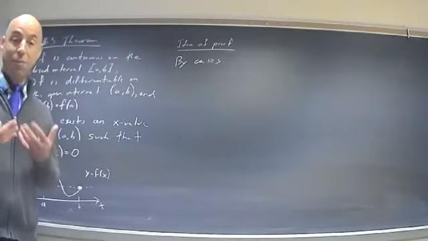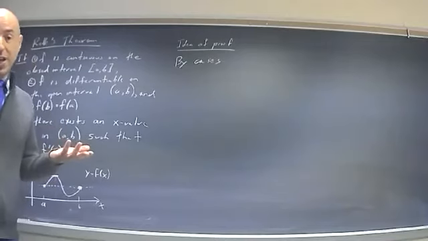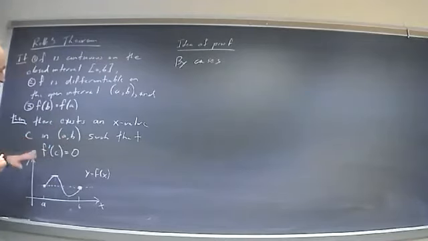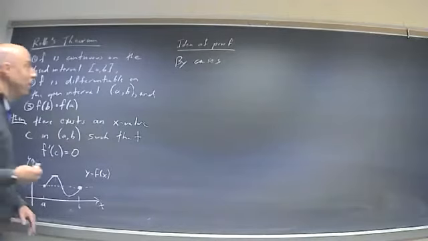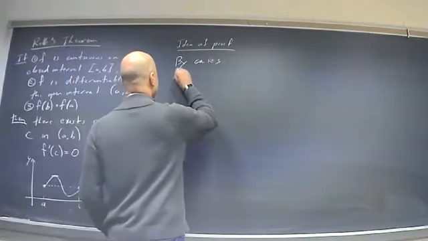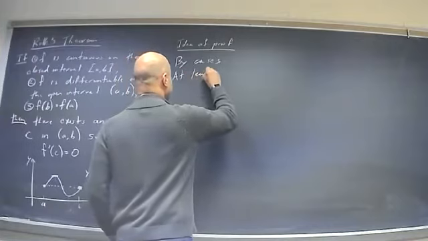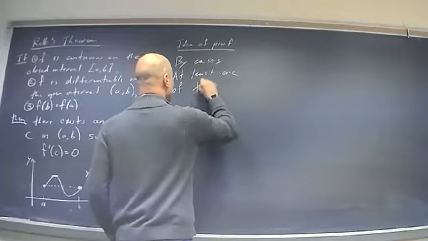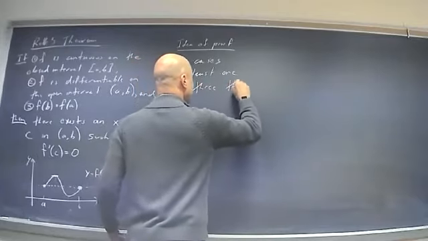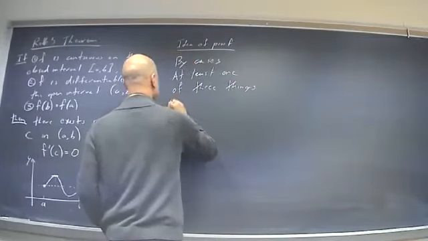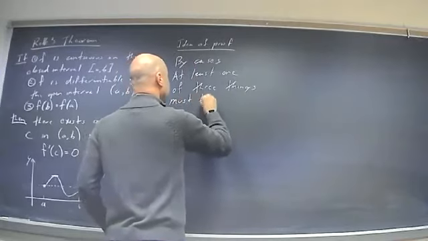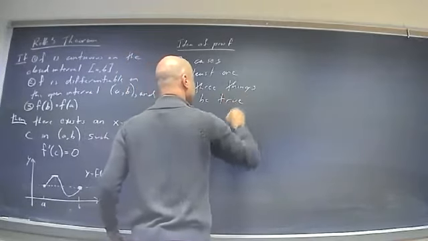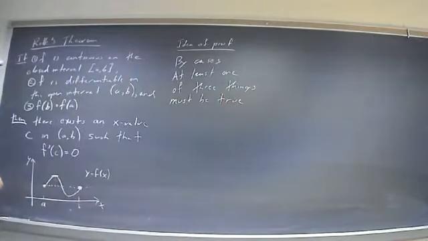You do those proofs separately because a triangle's got to be one of those. It's the same with this. At least one of three things has to be true. So at least one of three things must be true.